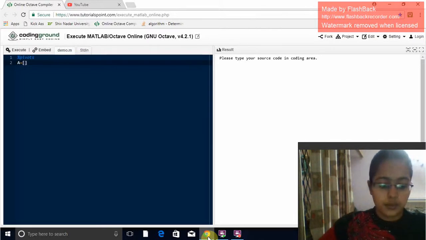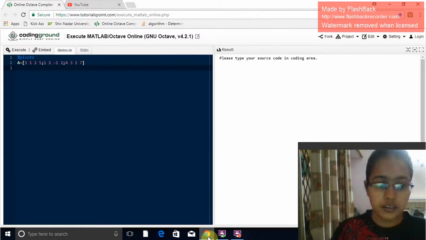Our previous matrix was 3, 1, 2, 5; 1, 2, minus 1, 1; 2, 4, 3, 1, 7. This is the original matrix, and we have used the Gaussian elimination method to convert it into a row-reduced form.